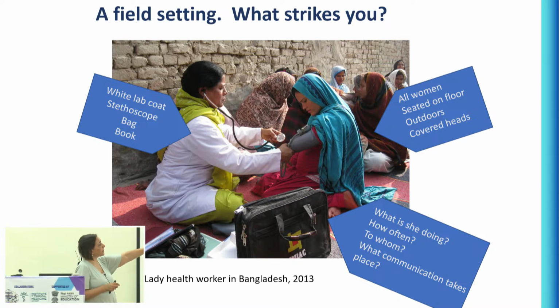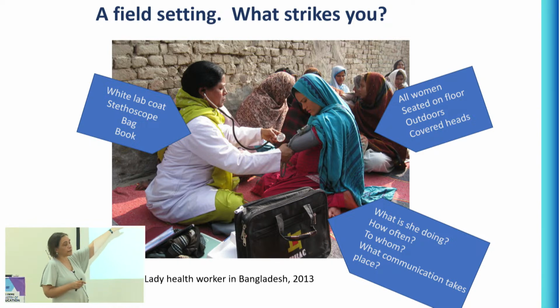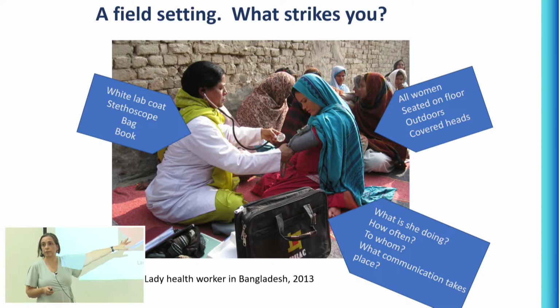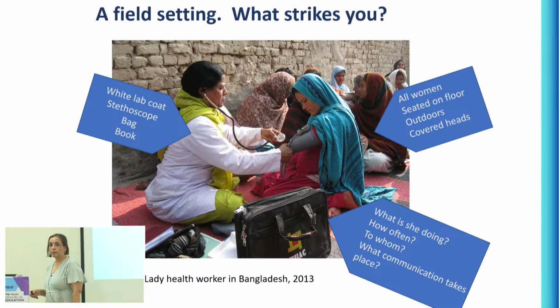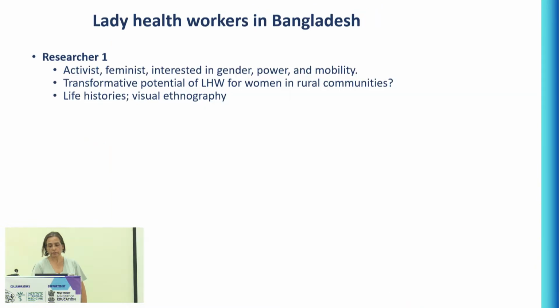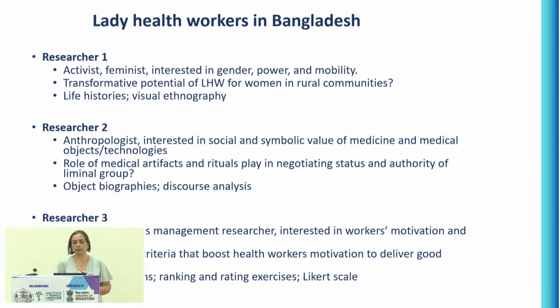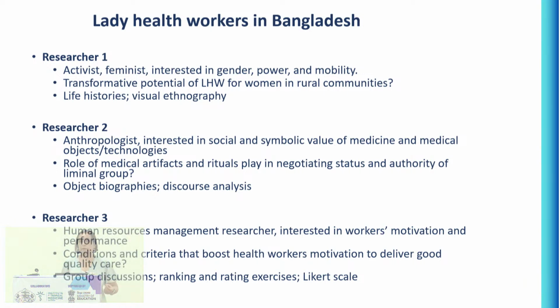So going back to here, when we're looking at things like this, this matters because it immediately tells you something about the status of this person in relation to the other people, okay? So our third researcher might be a more straightforward public health researcher who's interested in human resources management. And their question is in health worker motivation and performance.